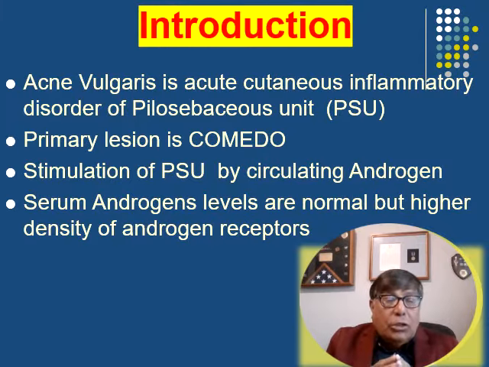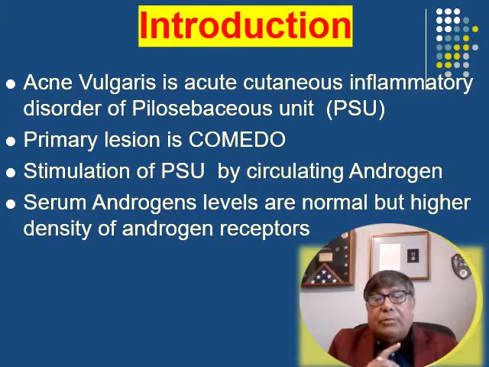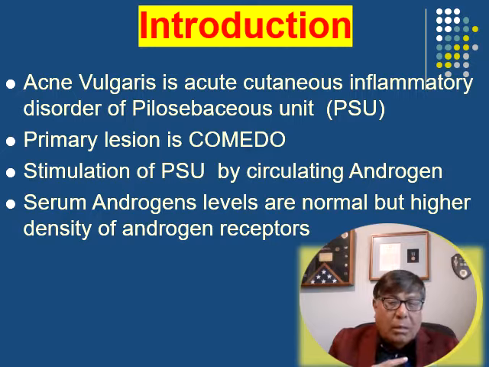This process is stimulated by circulating androgen. As I have said, the androgen level is normal, but it is still involved in the pathogenesis. And how is that? Well, it increases the number of androgen receptors in the PSU area.